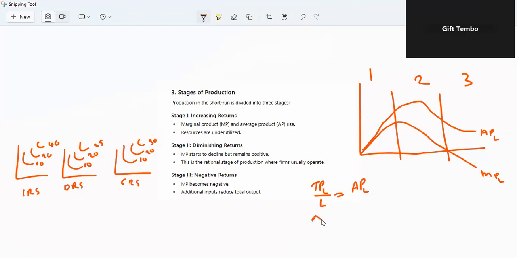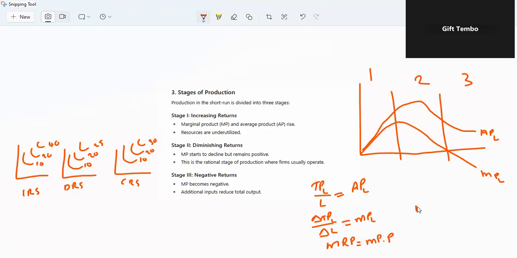The change in total product, when you divide it by the change in the labor units, we call this marginal product of labor. Anything marginal is addition. When you multiply this marginal product of labor by the price, it's called the marginal revenue product.